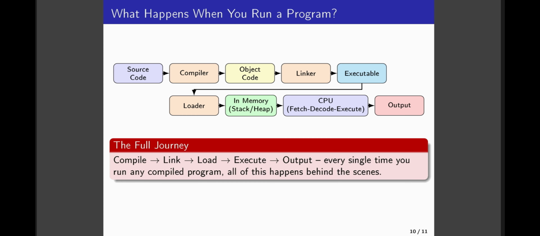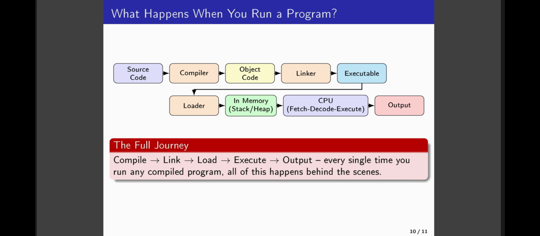So now let's bring absolutely everything from this video together into one complete picture. Full journey. The source code goes into the compiler, becoming object code. That goes into the linker, becoming an executable. The executable is handed to the loader, which places it in memory using both the stack and heap.